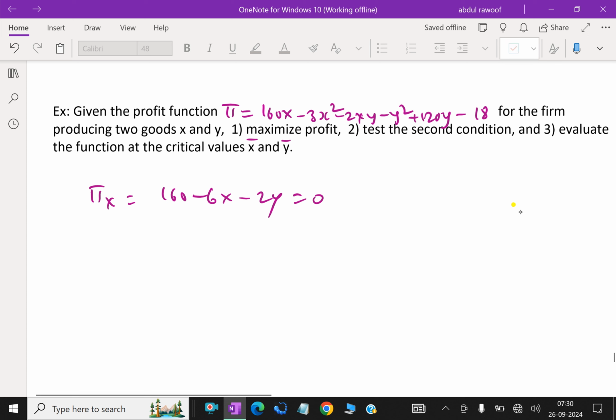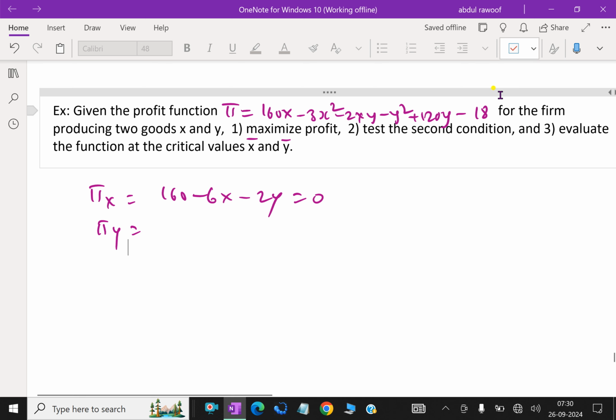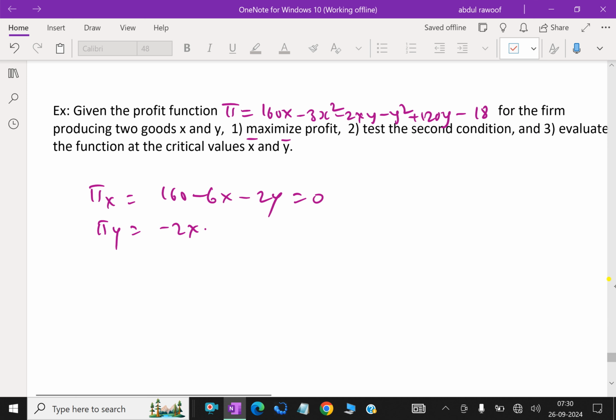And pi y is minus 2x minus 2y plus 120, because the derivative of minus 2xy with respect to y is minus 2x, and of minus y squared is minus 2y.